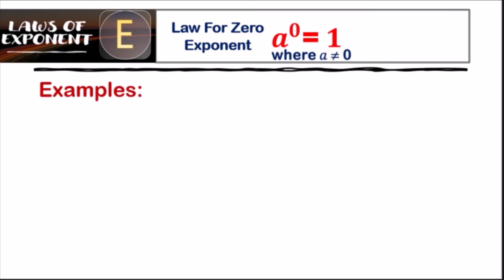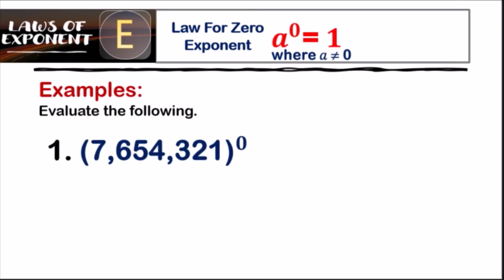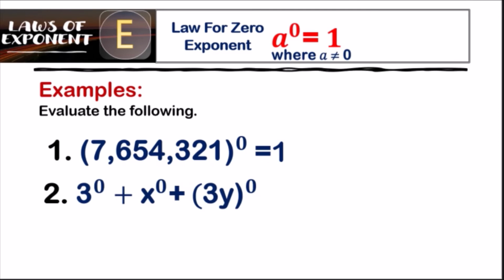Let's have an example. Evaluate the following. Number 1, the quantity of 7,654,321 raised to 0. Applying the law that any non-zero number raised to a zero exponent is equal to 1. Let's have another example. 3 raised to 0 plus x raised to 0 plus the quantity of 3y raised to 0.